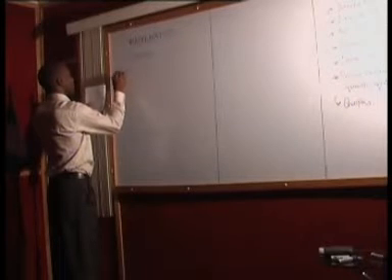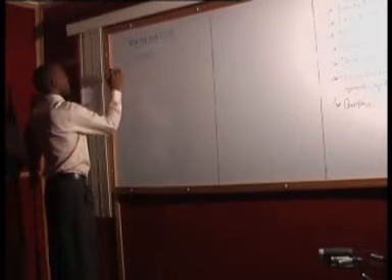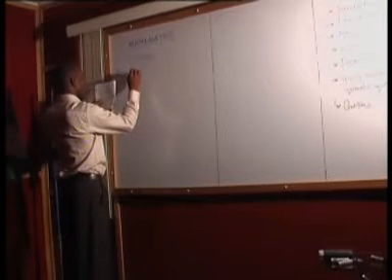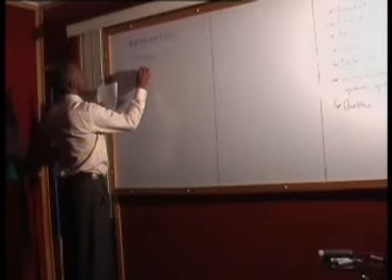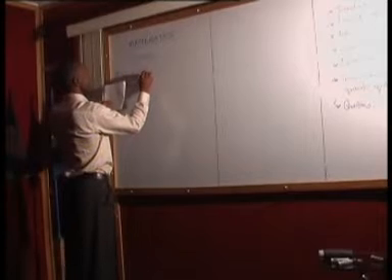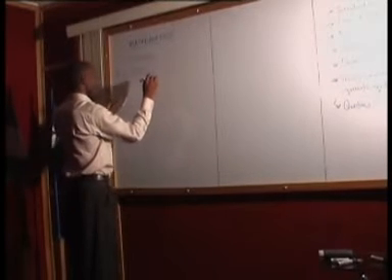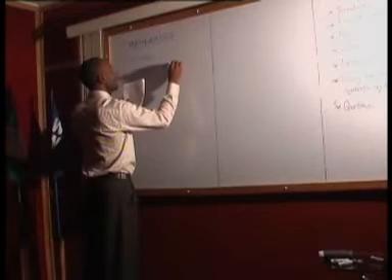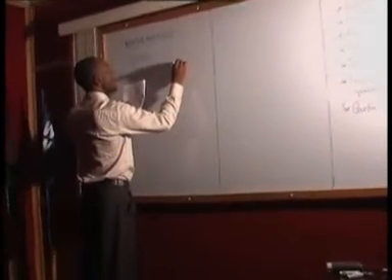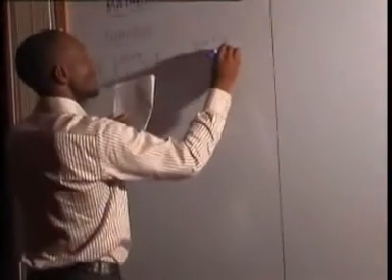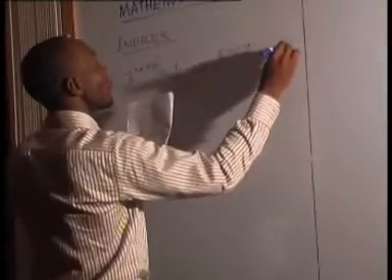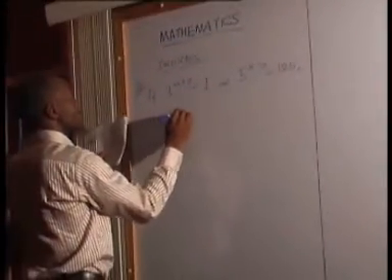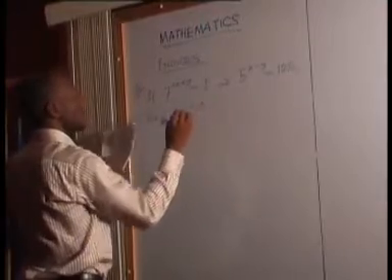If 7 raised to power 2x plus y equals 1 and 5 raised to power x minus y equals 125, find x and y.